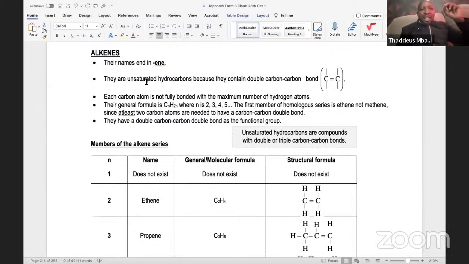Unsaturated means it contains a double or triple carbon-carbon bond. Each carbon atom is not fully bonded with the maximum number of hydrogen atoms. The general formula is CnH2n, where n is equal to 2, 3, 4, 5. The first member of the series is ethene and not methene.